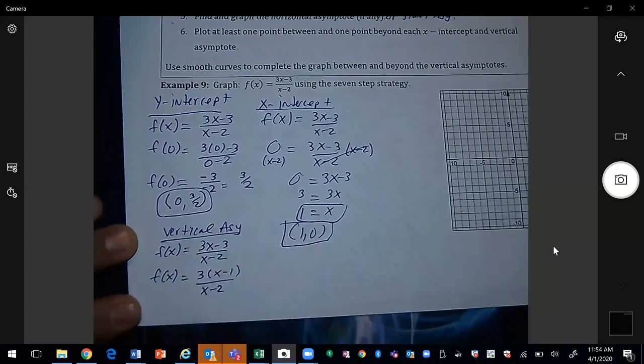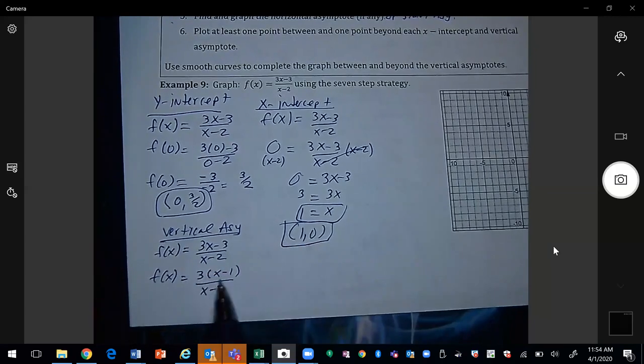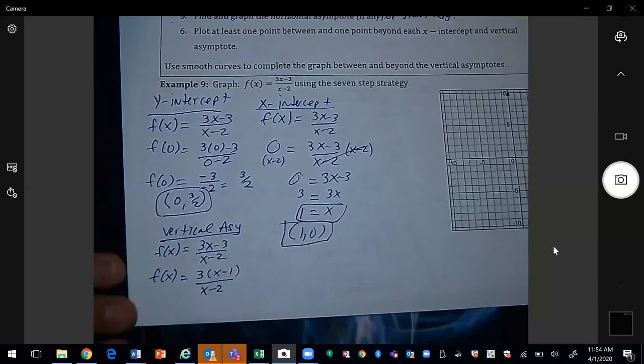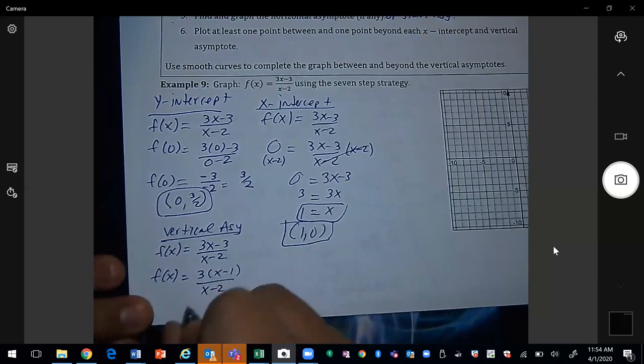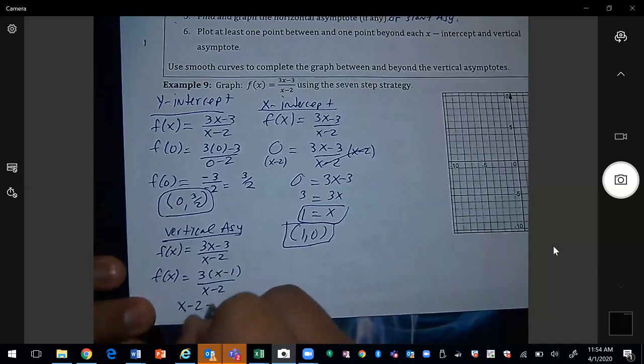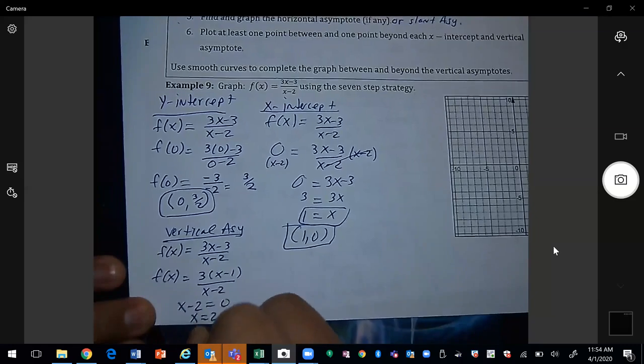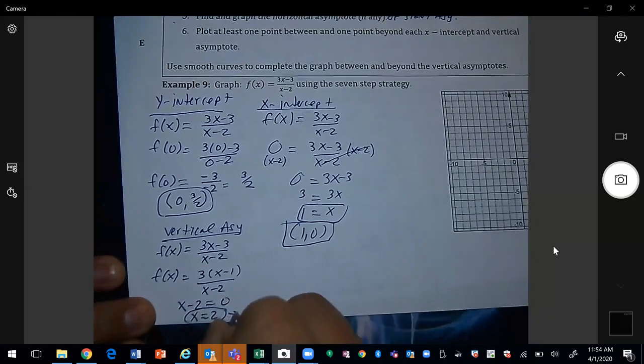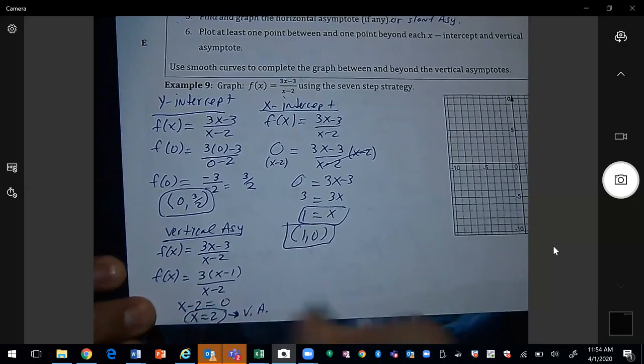So in this case, I was able to factor a 3 out of the numerator since they had 3 in common. But then even if I do that, I didn't have anything to cancel. But it's important to do that so that you can check later if you can cancel anything. Since I cannot cancel anything, then your next step is set the denominator equal to 0. So x equals 2 is my vertical asymptote.